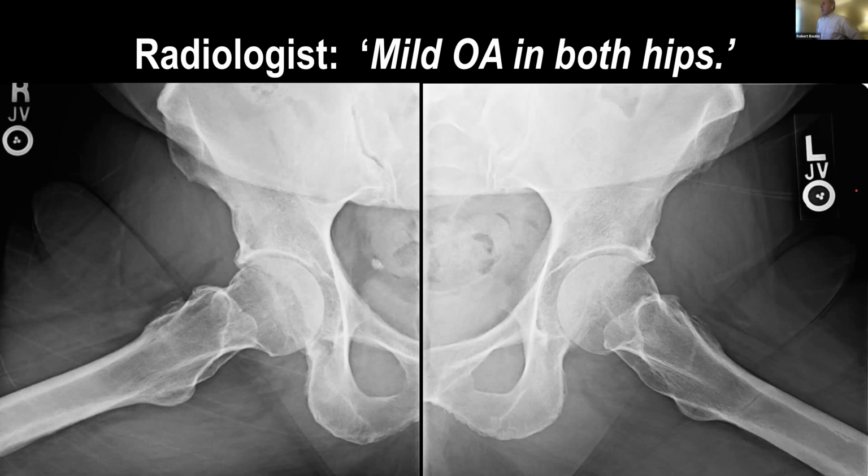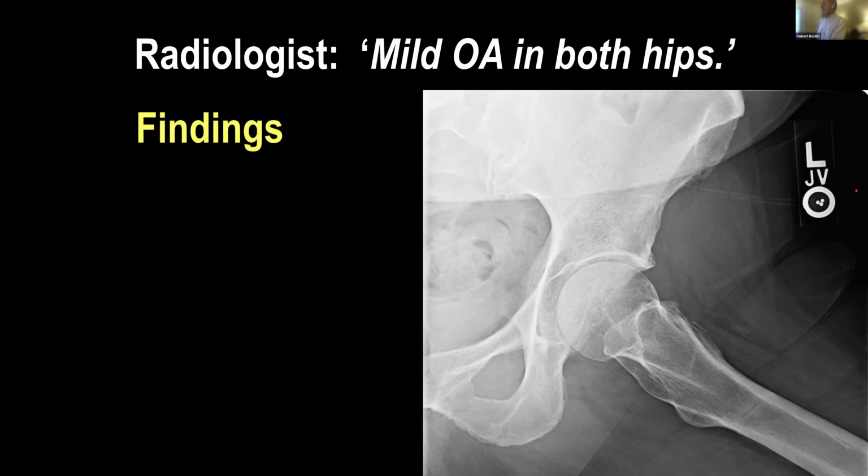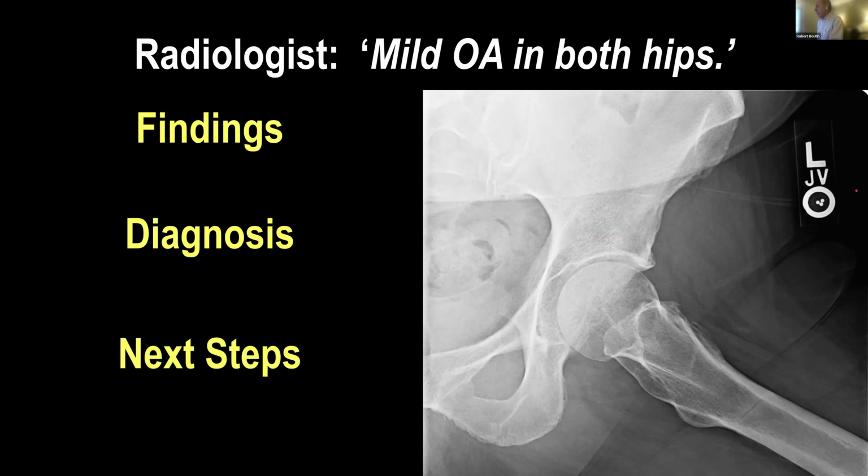The radiologist was given the history of hip pain and interpreted these radiographs as showing mild OA in both hips. They got sent in for further review. And if you look at the findings, you can make the diagnosis and suggest possible next steps for management.